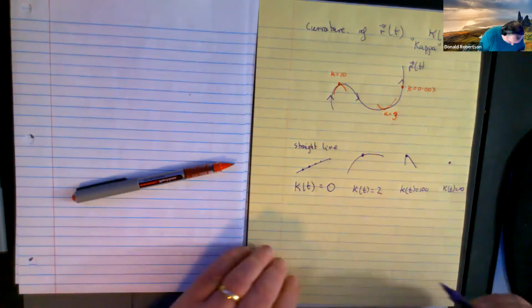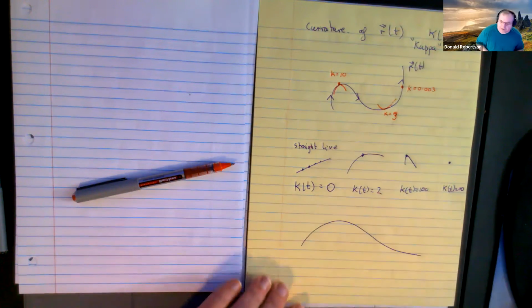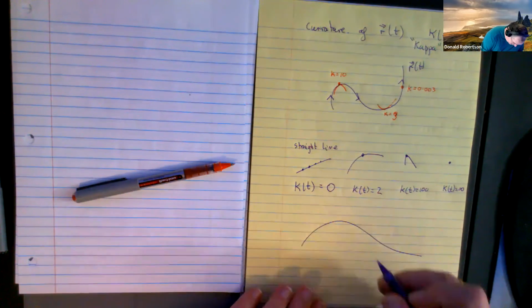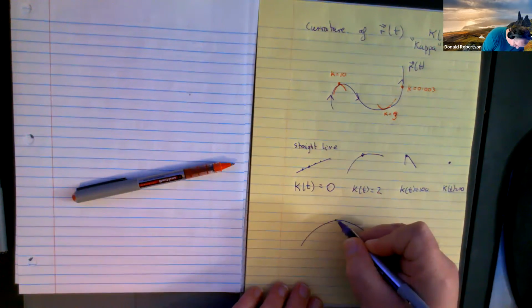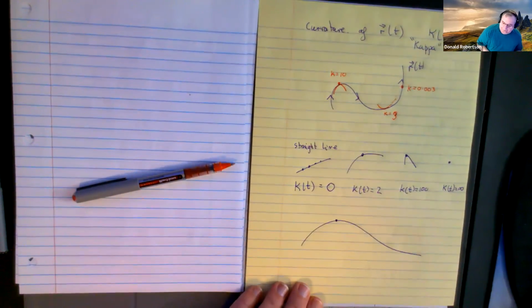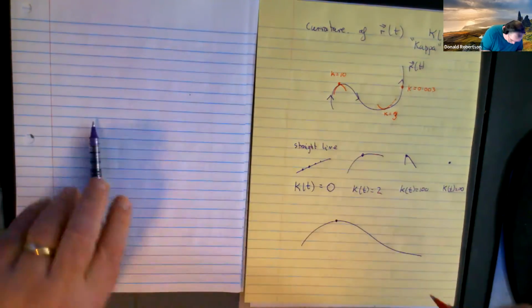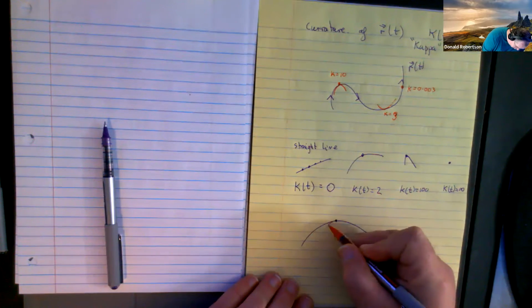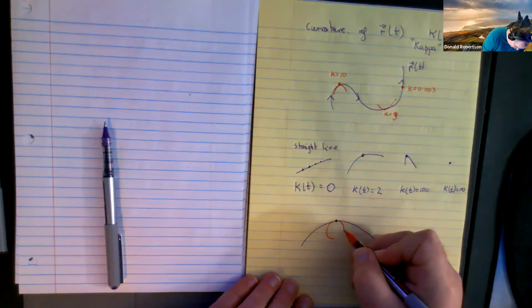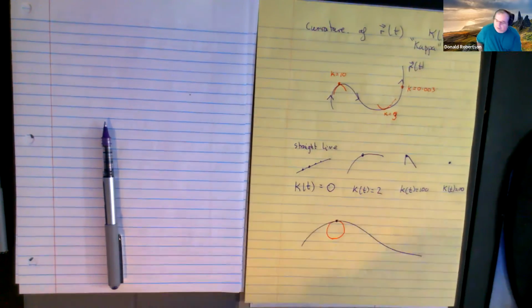Now, if you're wondering where the heck they get the kappa from, let's show you what it does. Let's suppose this is my space curve, and I'm interested in the curvature at that point there. What you do is you find a circle that has the same curvature as that point.